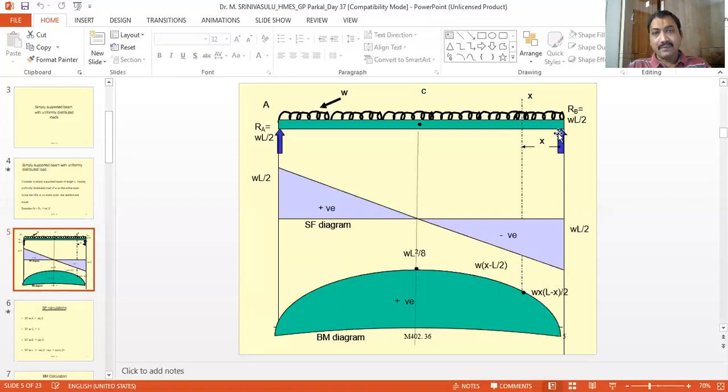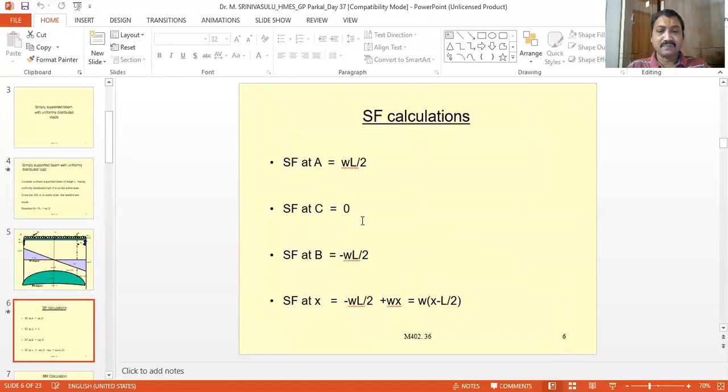The force acting upwards to the right of the section is taken to be negative. So the shear force acting at point B is equal to minus WL by 2.